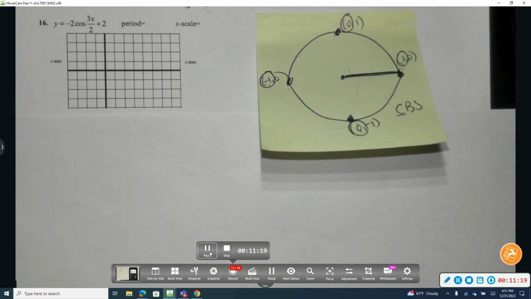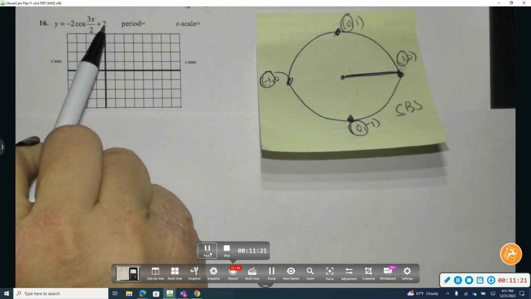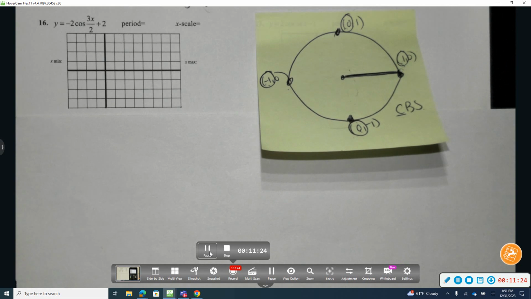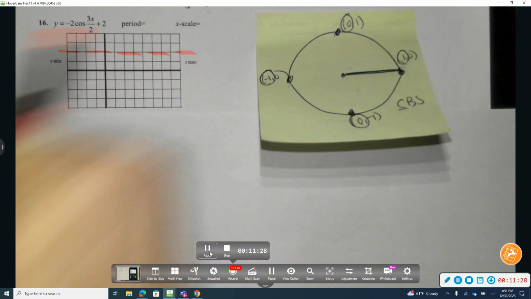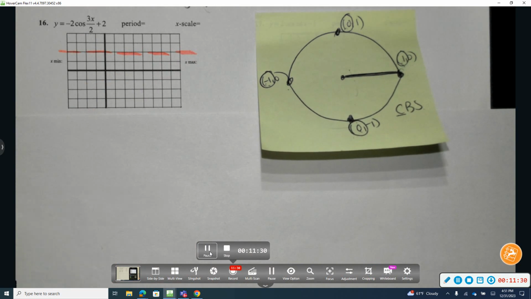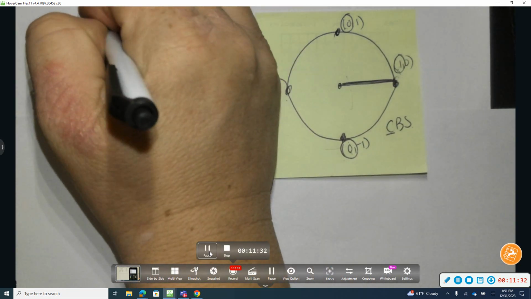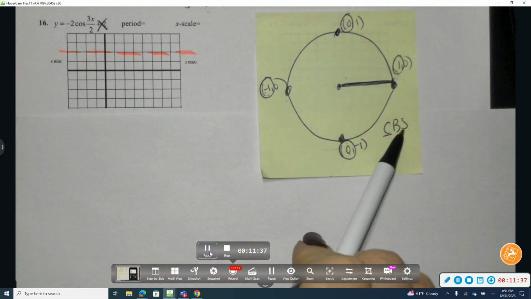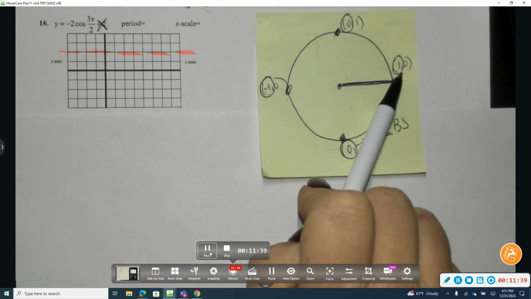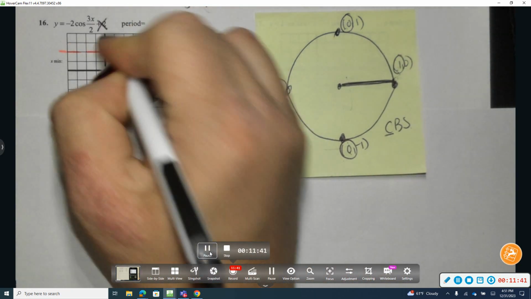Number 16. Now number 16 has a vertical shift, and that's what I'm always going to start with if it exists. So I'm going to go up 2. I've shifted this function up, and now I'm going to cross that out. And I'm working with cosine, which is the first one, CBS, cosine before sine. -2 times 1 is -2. So think of this as our origin.